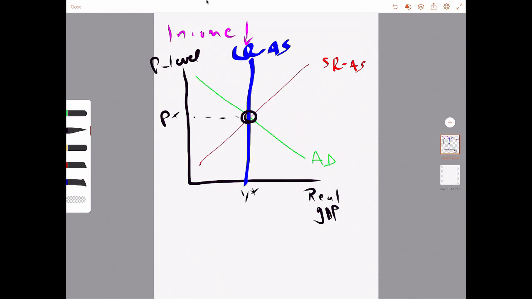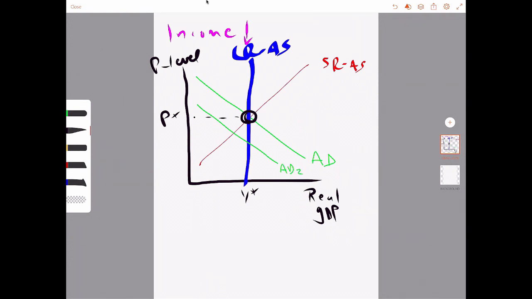So we are in equilibrium, and then people's incomes go down. Now, because we're dealing with changes in income, that's going to be a shift in the aggregate demand curve. So here we are. Here's our new aggregate demand curve.